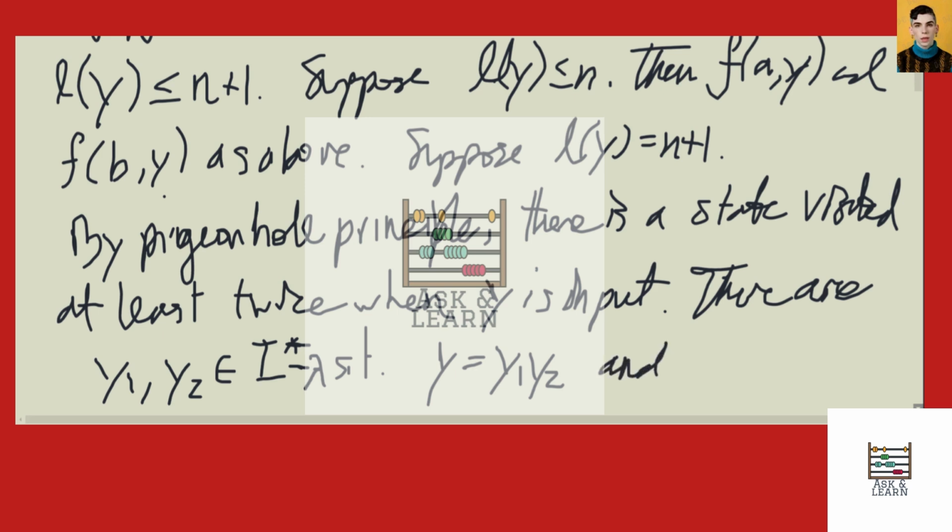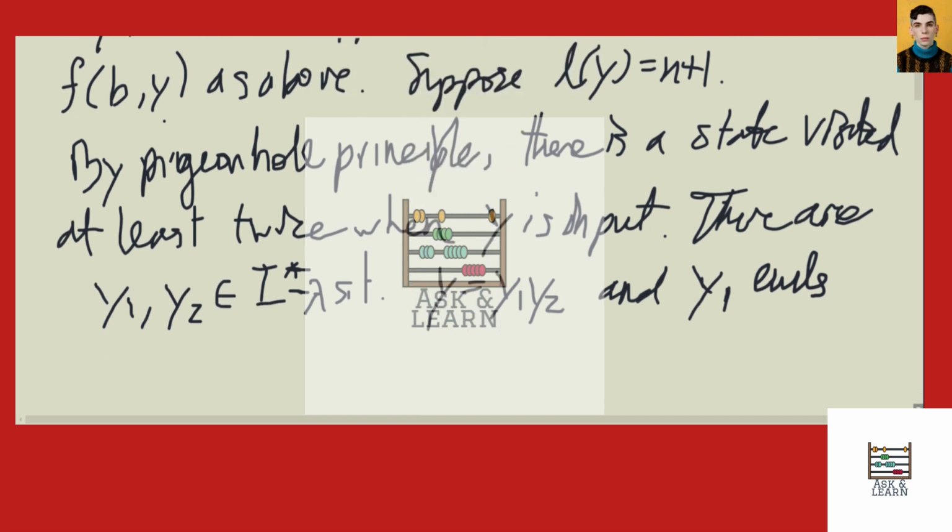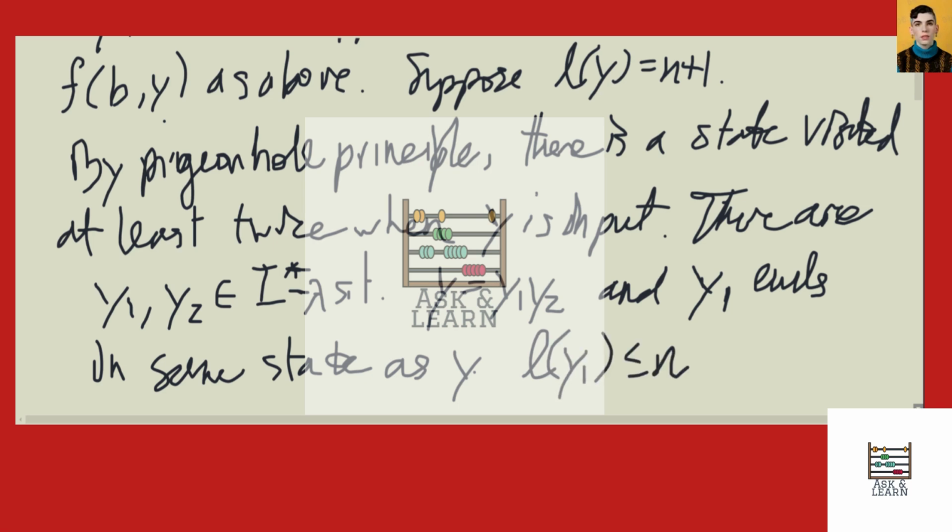And we have that y1 ends in the same state as y. Now y1 has a length of at most n. So it follows that f of a y1 and f of b y1 are as above.